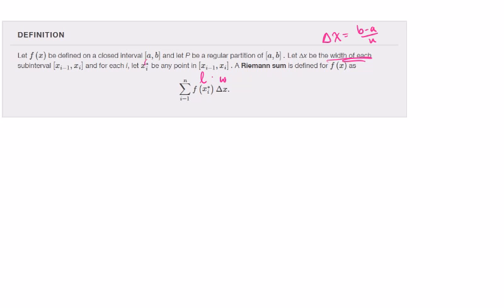The reason the asterisk is there is because we could either start at the left endpoint, x sub i minus 1, which would be x sub 0 really, or x sub i, which is starting at the right endpoint. So this is left endpoint and this is right endpoint.